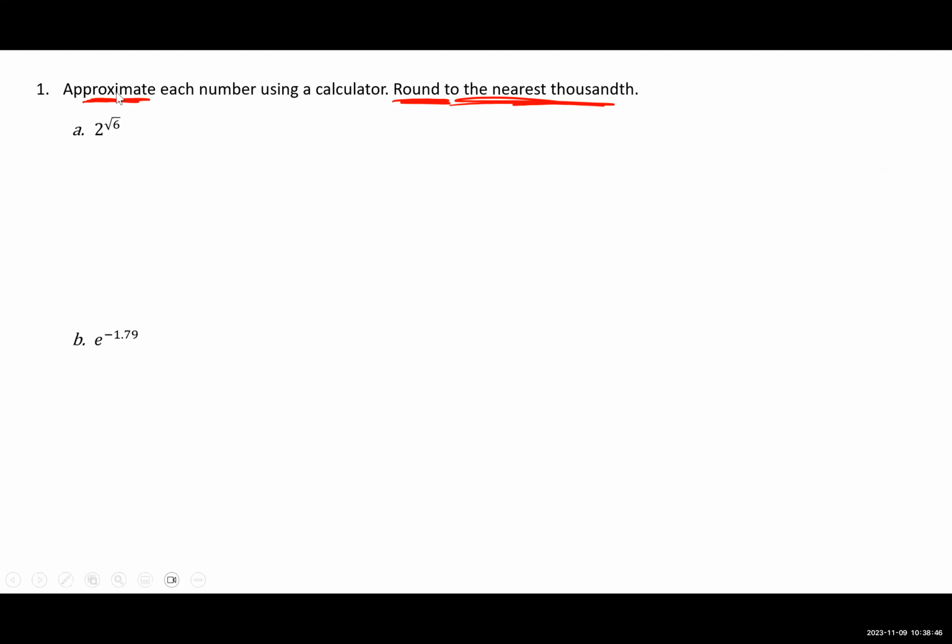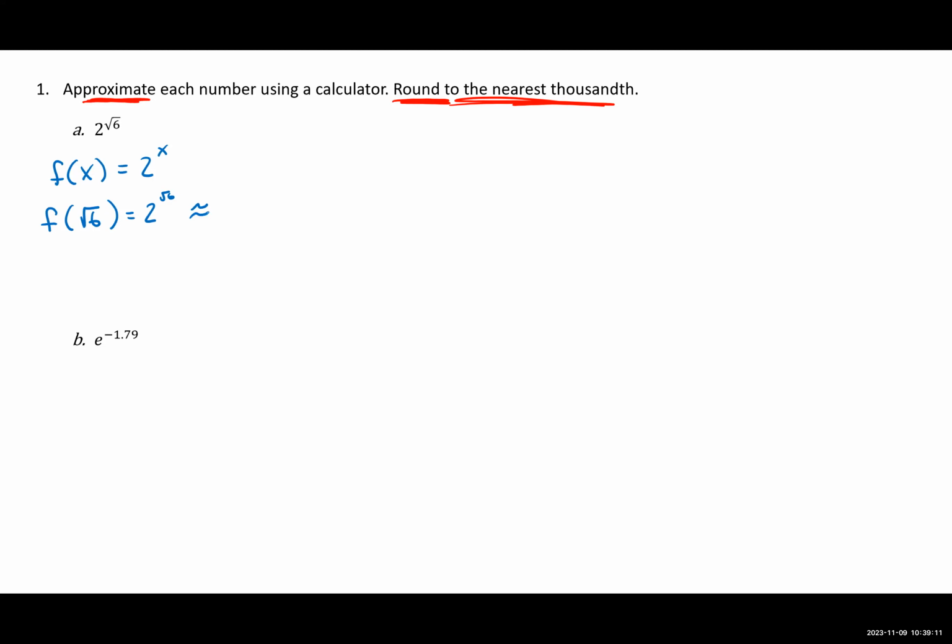So first one, 2 to the power of the square root of 6. So this is like saying f of x is equal to 2 to the x, and evaluate what is f of the square root of 6. Well, that's going to be 2 to the square root of 6, and it's going to equal something.